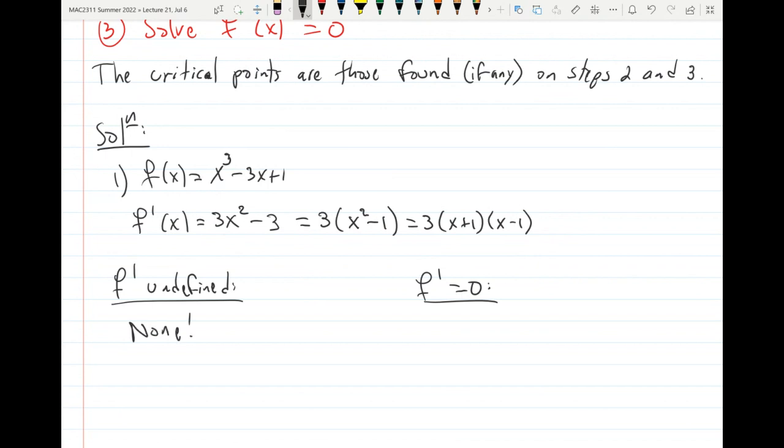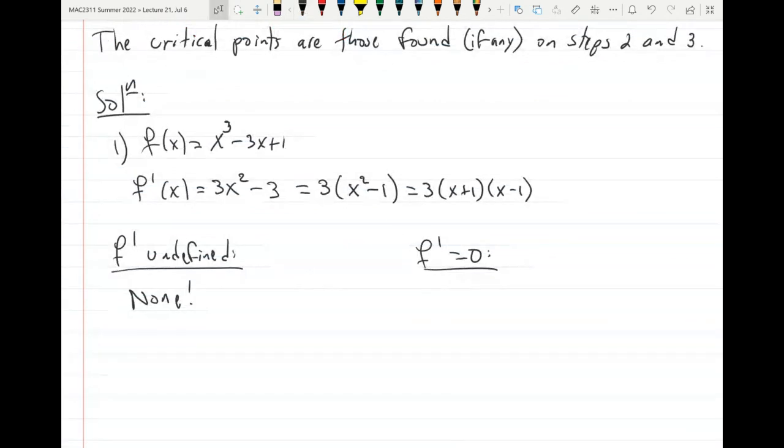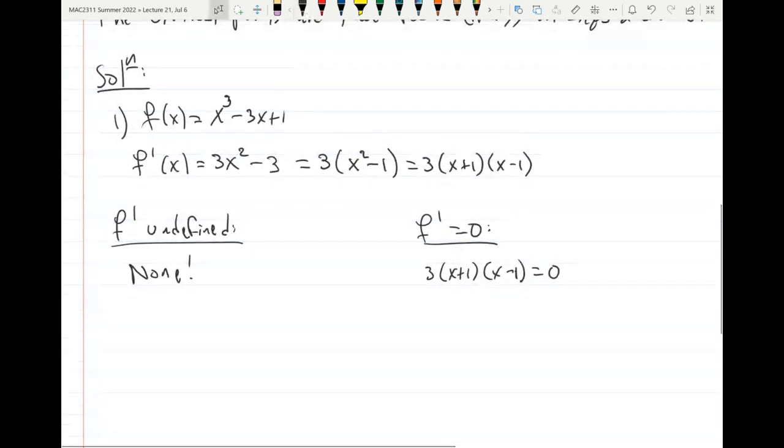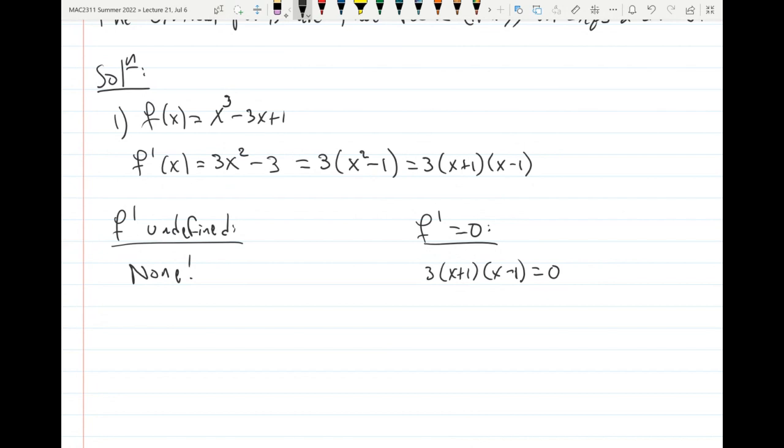So we're not going to get any critical number from here. But when is f prime equal to 0? That means 3 times x plus 1, x minus 1 equals 0. We certainly have solutions here. What are they? x equals -1 and x equals 1. So we found two values at which the derivative is equal to 0. Therefore, we have two critical numbers.